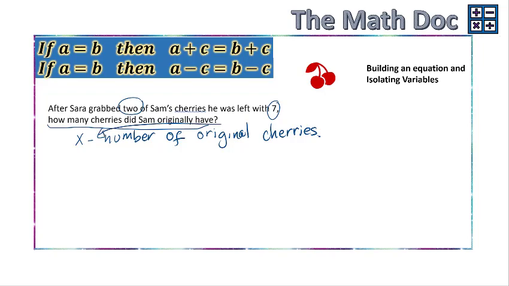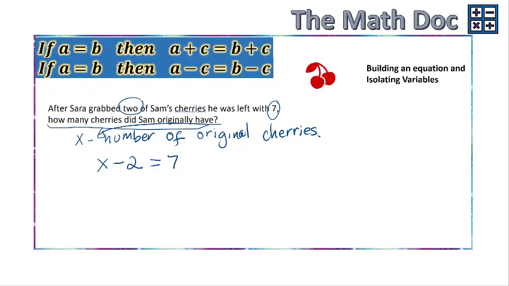The cherries don't have to be original. Sarah grabbed 2 of these cherries. So we had x minus 2, right? She grabbed 2 of them, equals 7. He remained with 7. Let's look at this equation again. This was the original number, right?